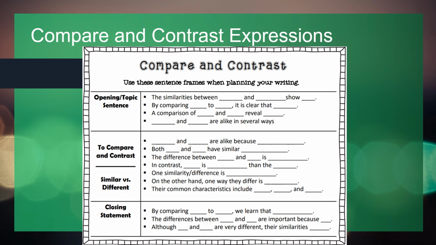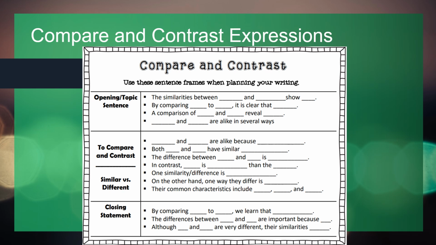We can say, the similarities between something and something show. We can say, by comparing something to something, it is clear that. We can say, comparison of something and something reveal. Also, something and something are alike in several ways.